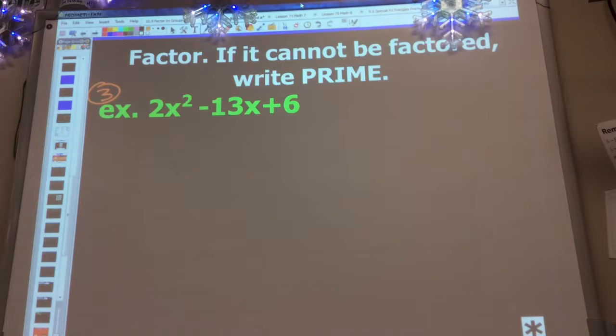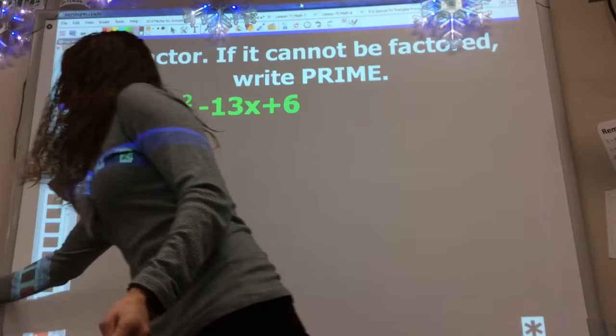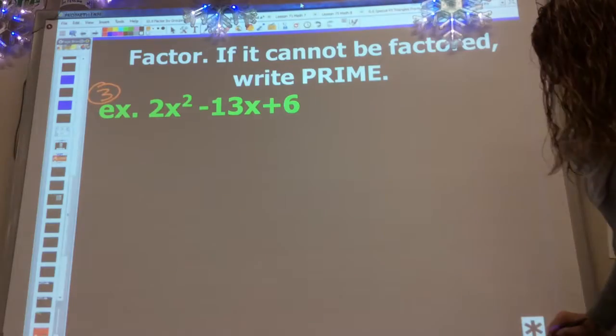Do you know what symbol has to go here? This one's a negative and this is a positive. Okay, so our symbols. You're so close. Now, let's go through it.